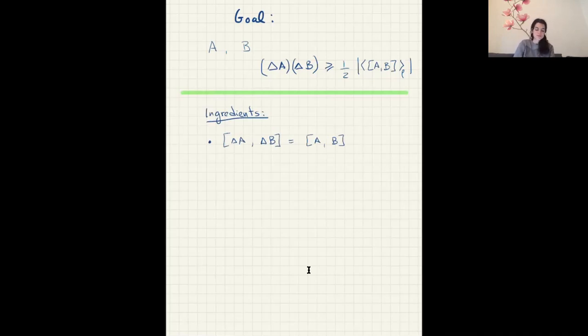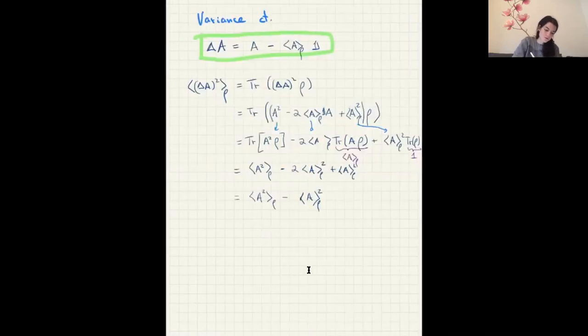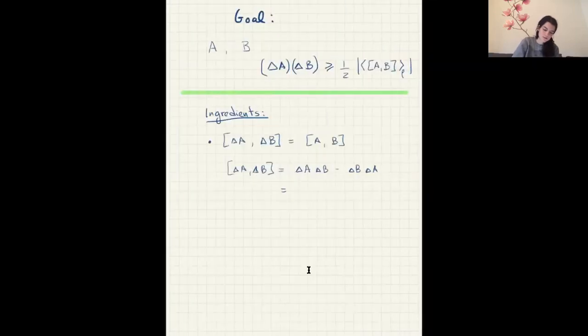To prove this, we can just compute it directly. If delta A, delta B, what is this? This is delta A, delta B minus delta B, delta A. Let's take the definition of this variance, and note that this definition is already with respect to a specific state.